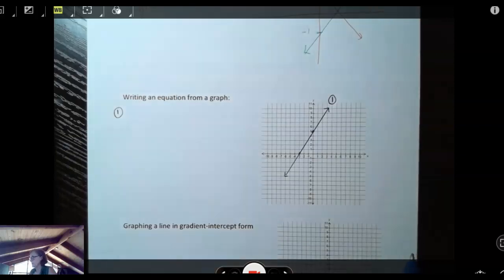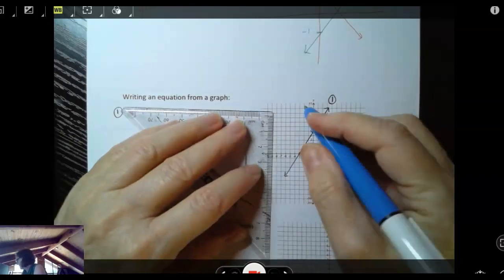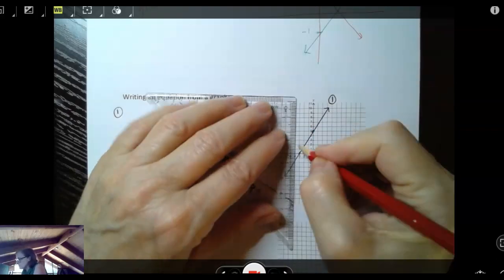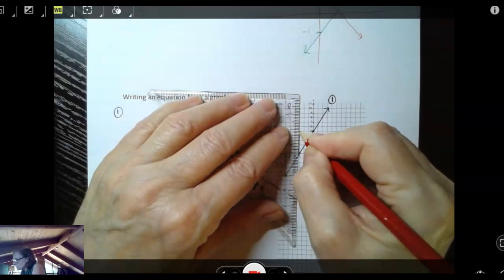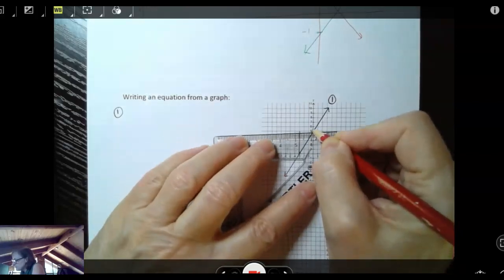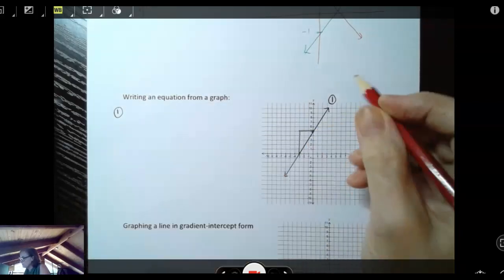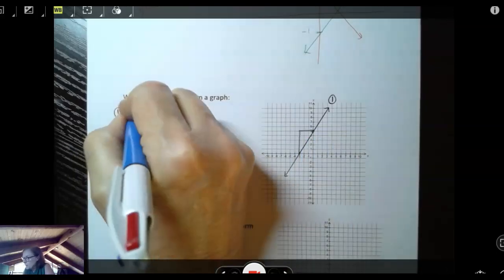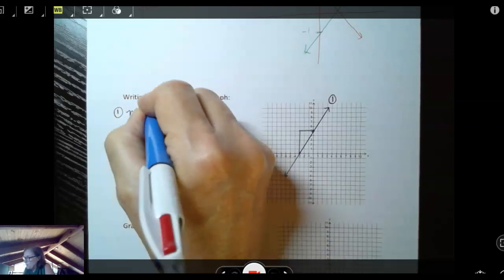And the first thing that I always do is I try to find the gradient. And so I draw my little triangle like I did the other day. I might use a pencil for this so that it doesn't look so torn up on the graph here. And when I use that, I can see that I've gone up 5 over 3.